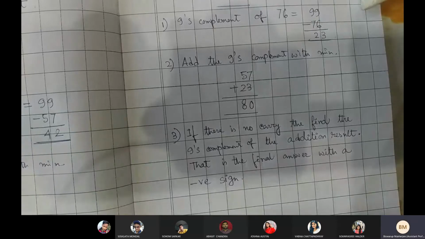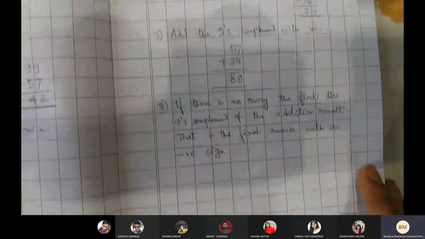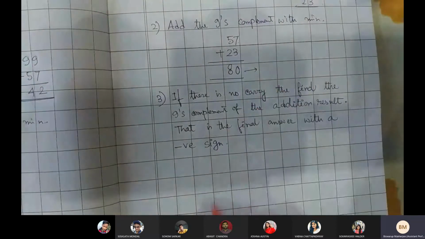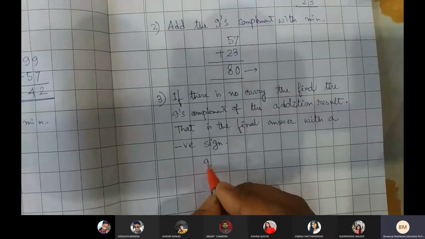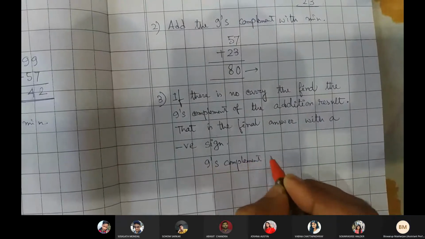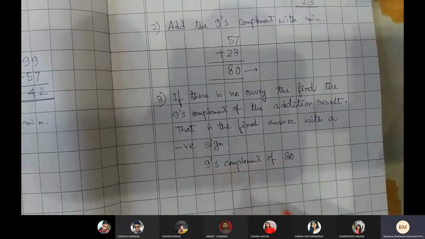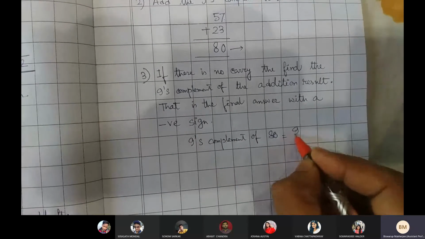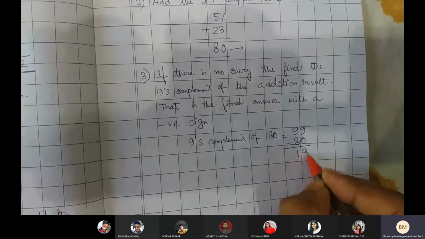So what you have to do? You have to again find out the nines complement of this. Okay. So nines complement of 80 is equal to 99 minus 80. So that is equal to 19.